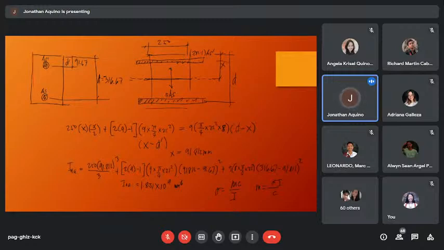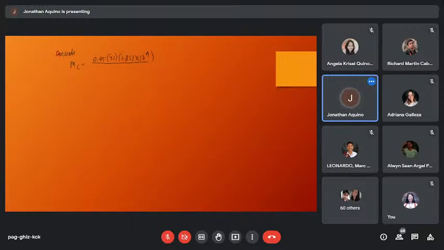We see that the value is X, so our X is 91.812.